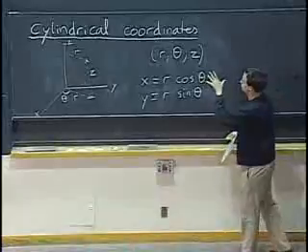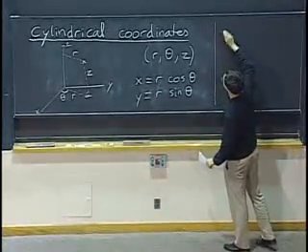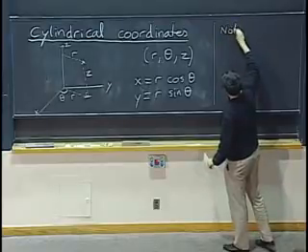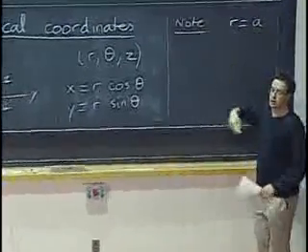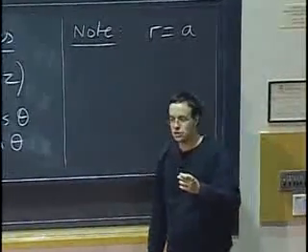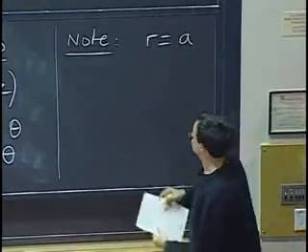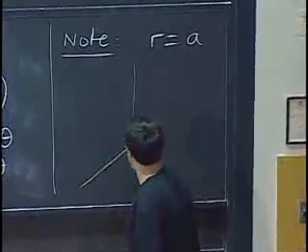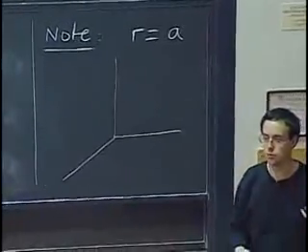So why are these called cylindrical coordinates, by the way? Well, let's say that I give you the equation r equals a, where a is some constant. Say r equals 1, for example. So r equals 1 in 2D used to be just a circle of radius 1. Now, in space, a single equation actually defines a surface, not just a curve anymore.